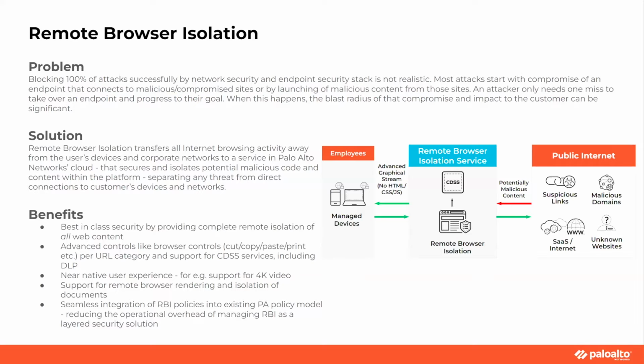The use cases that we're targeting, number one, is additional security for managed devices. You can isolate internet web traffic that is deemed risky and suspicious. You can also isolate all internet web traffic for highly targeted, high-value users, for example, executives, C-suites, etc. It is a dynamic security for managed devices.